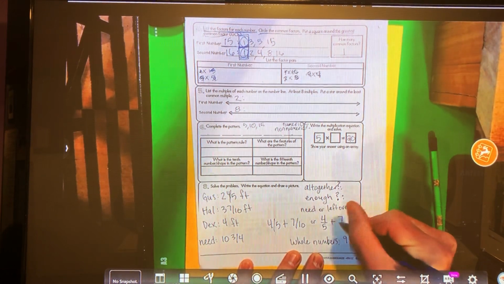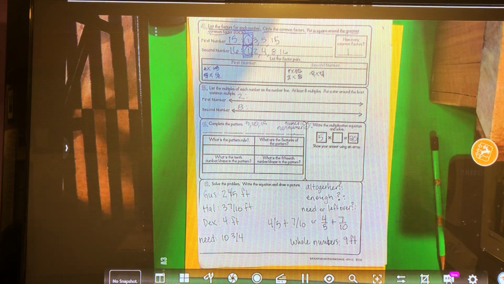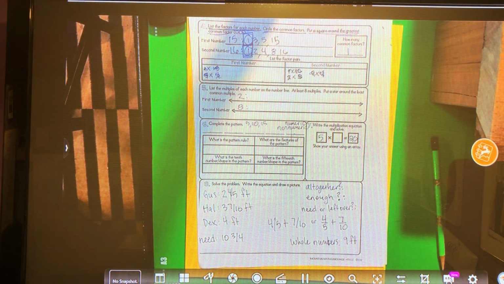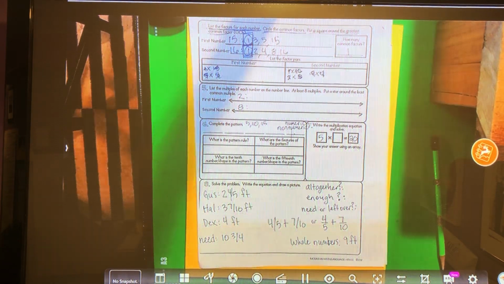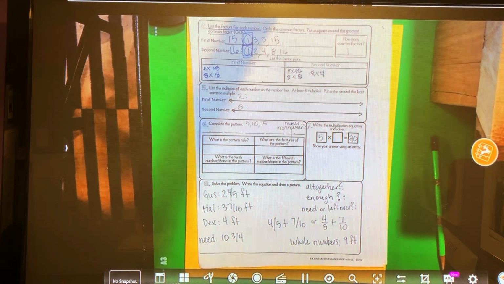That would look like 4/5 plus 7/10. In order to add these fractions, you've got to be able to locate a common denominator. Simplest form or least common multiple can get you there.